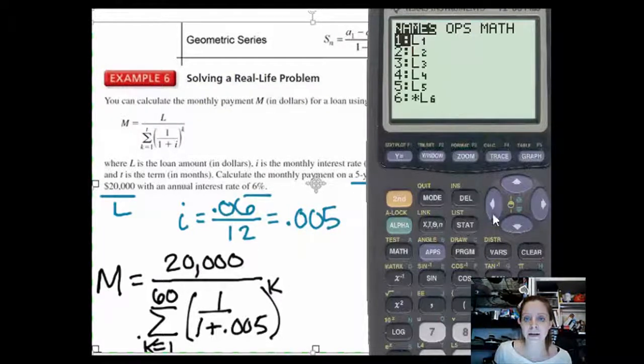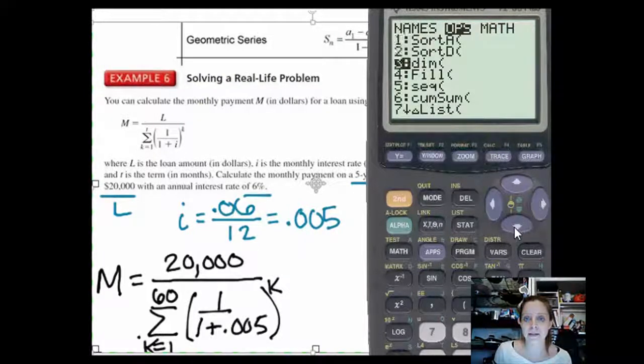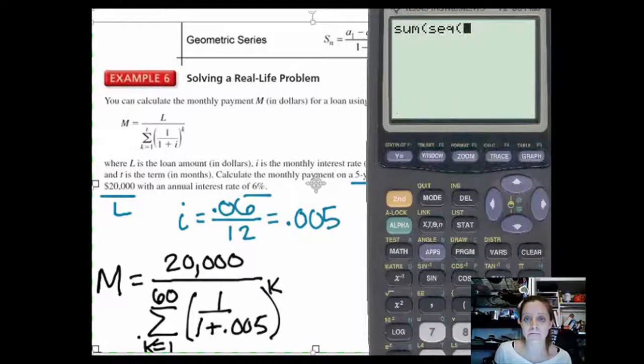Then Second, Stat, over to Ops, and I want the sum of a sequence. I'm going to type in 4 things. First is the rule. 1 divided by 1.005, comma, I forgot to raise it to the power of k.